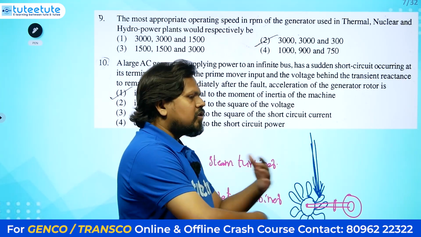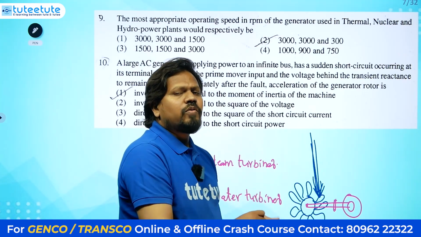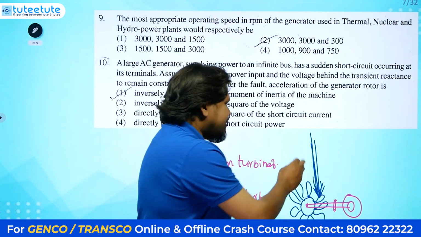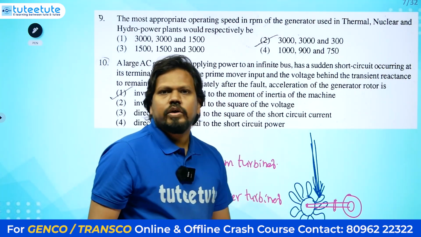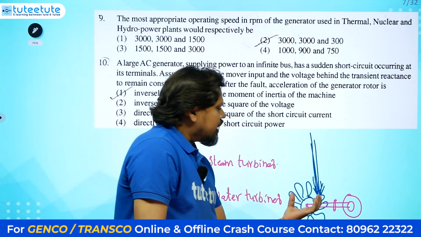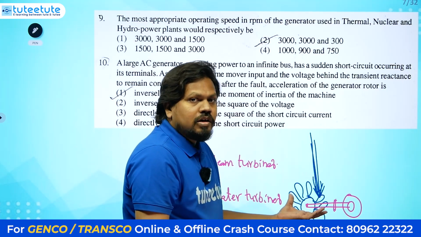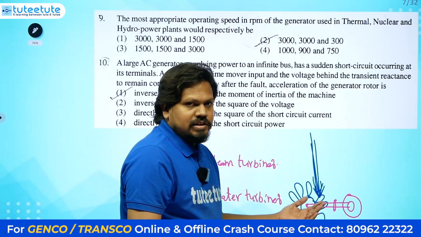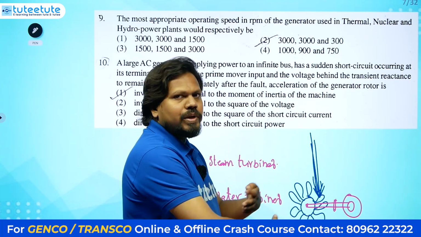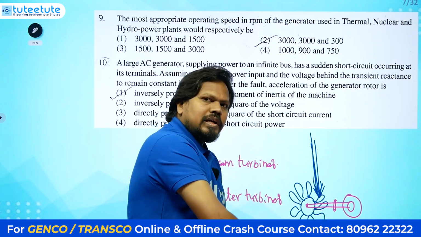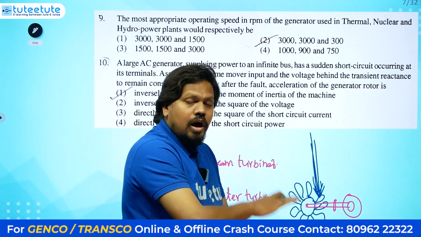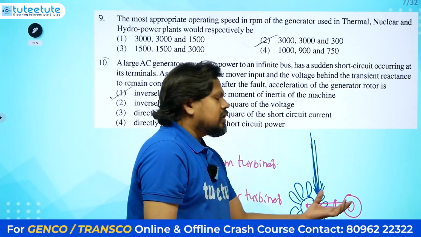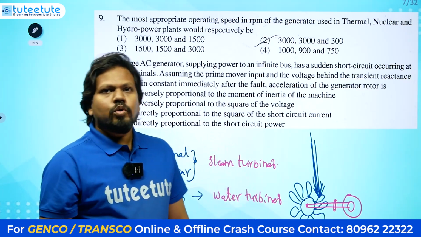It will be continuously rotating, so the entire water may not be touching the buckets properly. So instead of going for a high speed turbine here, if the turbine rotates at less speed, then all the water will be touching, and that force, that torque, will be driving this entire generator. That's a more comfortable thing.